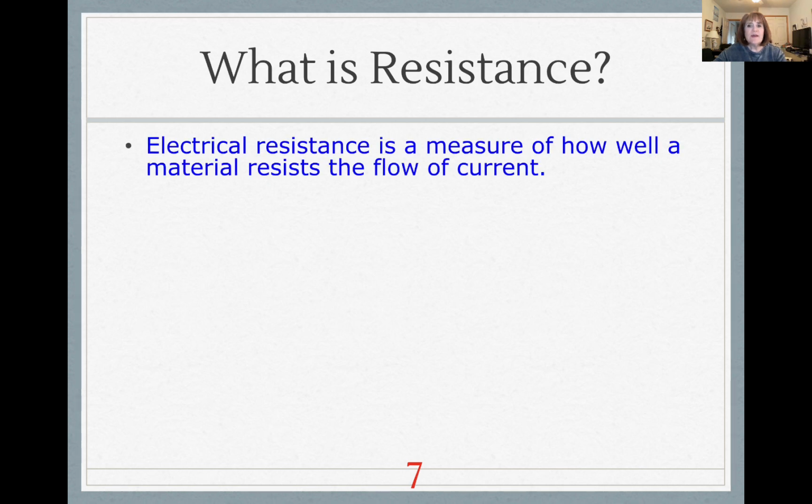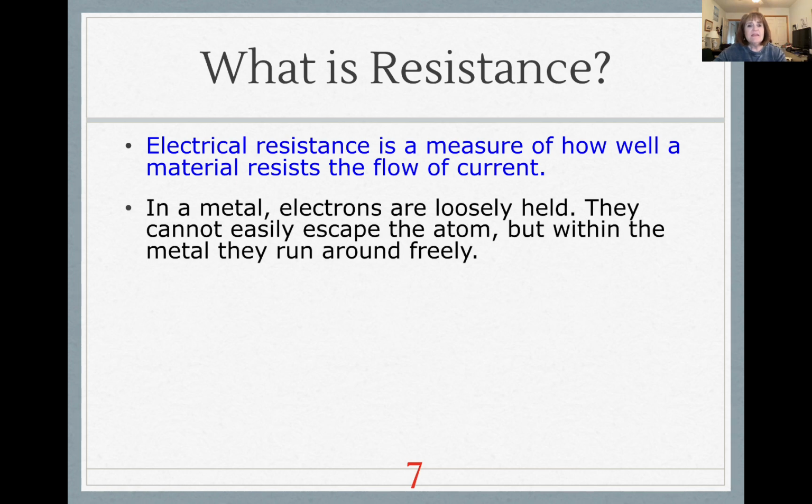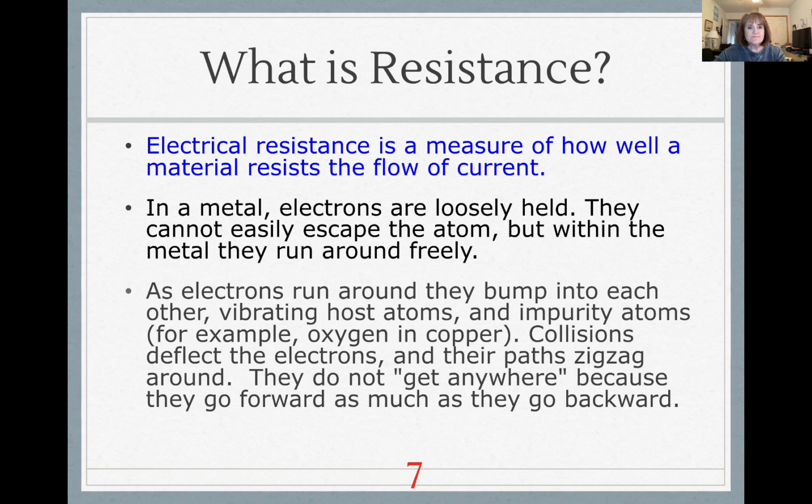Resistance is a measure of how well a material resists the flow of current. In a metal, electrons are held loosely. That means the electron current can go through them easily.